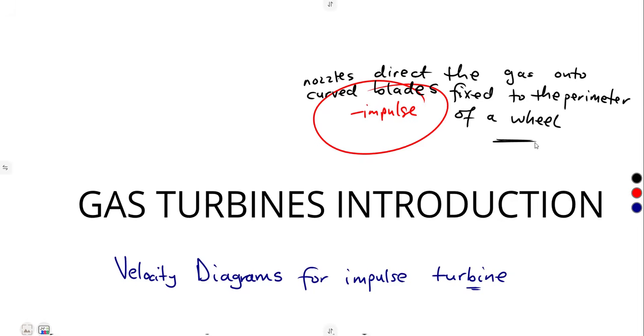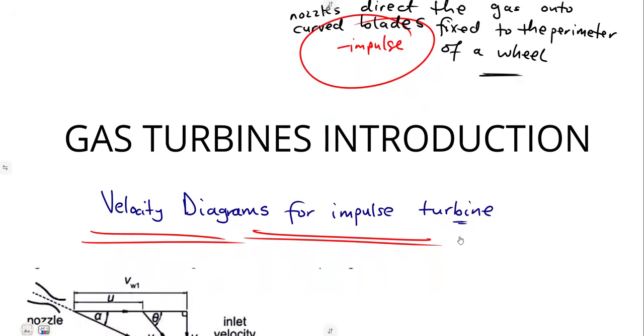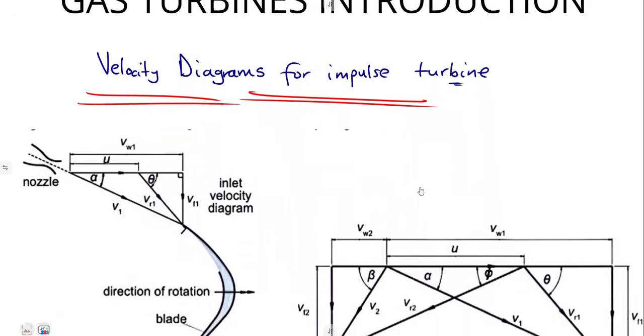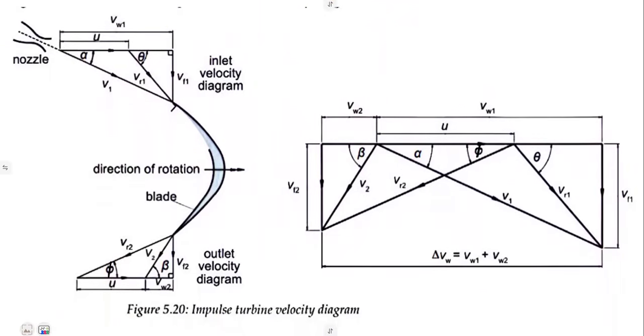There are a lot of things: the blades are shaped like buckets and asymmetrical, and so on. So in our class, like I said, we are focusing on the velocity diagram for the impulse turbine. I'm going to show you this illustration that we are going to work with.